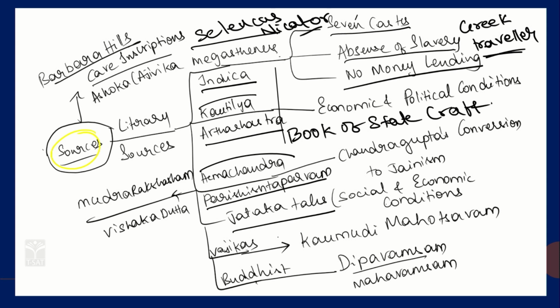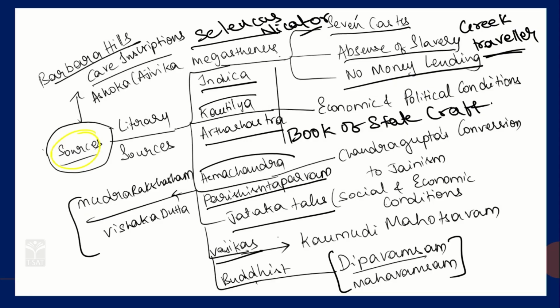Apart from that, Kaumudi Mahotsavam by Vajikas, Dvipavamsam and Mahavamsam are important books which talk about Buddhism and how it was encouraged during this period. All of these talk about the Mauryan empire. There are also Mudra Rakshasam by Vishakadatta, and cave inscriptions which talk about how Ashoka also encouraged Ajivikas in the Mauryan state.